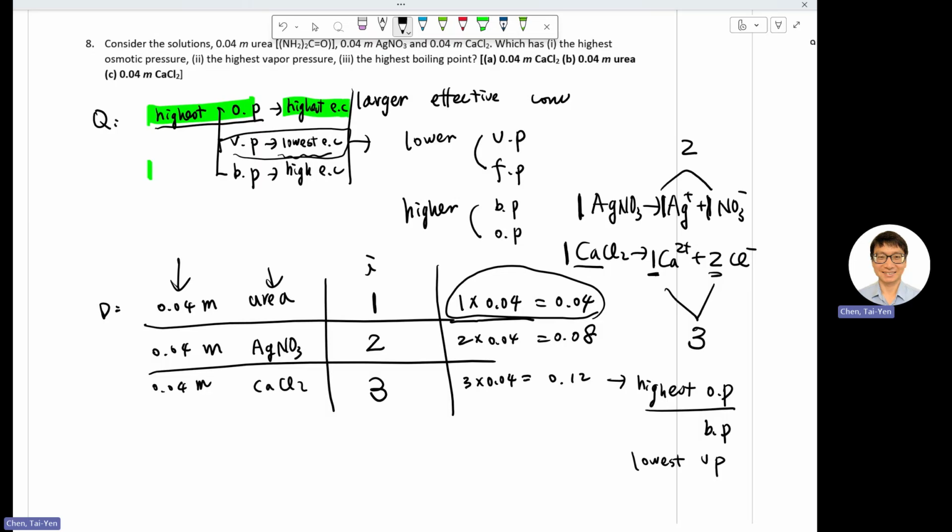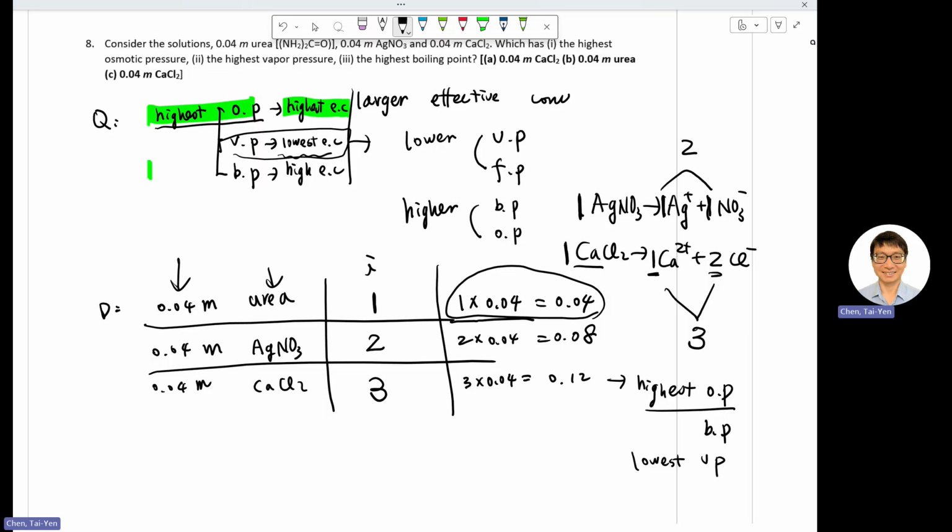There's no way they can form cationic or ionic species, and both need to be present so they can dissociate and produce an i larger than 1. Since urea cannot do that, the i must equal 1. I hope that makes sense.